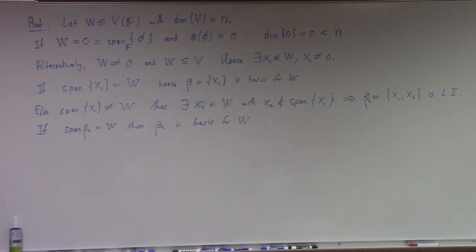Otherwise, there exists an x3 outside the span, and we can adjoin it to beta 2 to get a set with 3 vectors, which is linearly independent, right? We can continue in this fashion. And this has to terminate. Why? It can't go on forever and ever. It's not an endless loop. Right, because n is finite. The largest number of vectors we can have in this set, which are linearly independent, is the dimension, right?